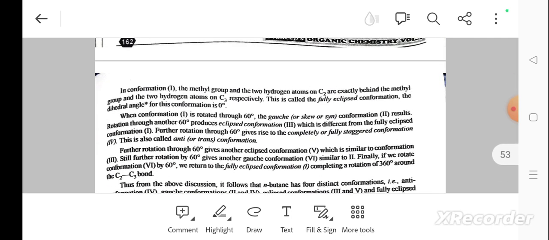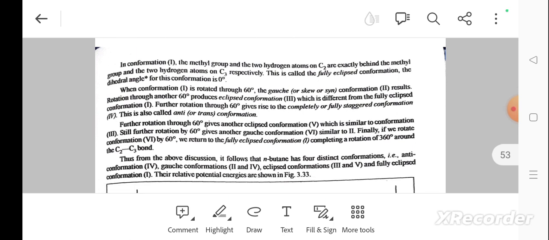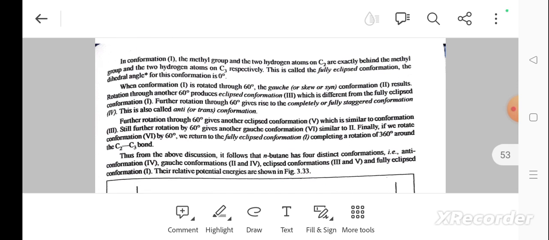In the first configuration, the methyl group and the two hydrogen atoms on C2 are exactly behind the methyl group and the two hydrogen atoms of C3. This is the fully eclipsed configuration, and the dihedral angle for this configuration is 0 degrees.